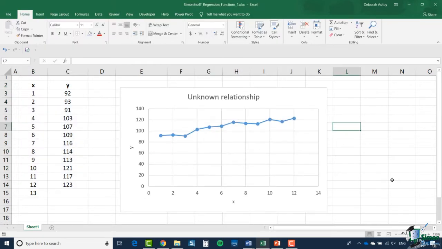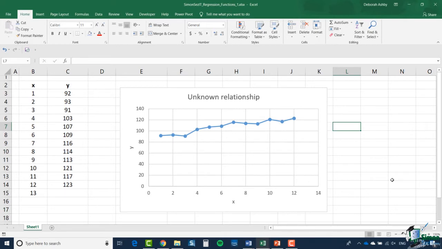And there we are. That shows you the figures for X and Y, and if I were trying to predict a value for X equals 13, one of the ways I might do this is to look at the existing graph and try to work out what that relationship is.